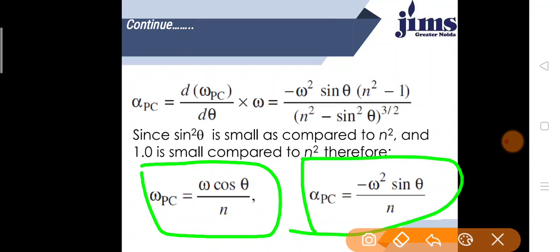When the crank is located at outer dead center, the value of theta equals 180. We already know that cos 180 equals minus 1 and sin 180 equals 0, and we can calculate these values of omega PC and alpha PC.